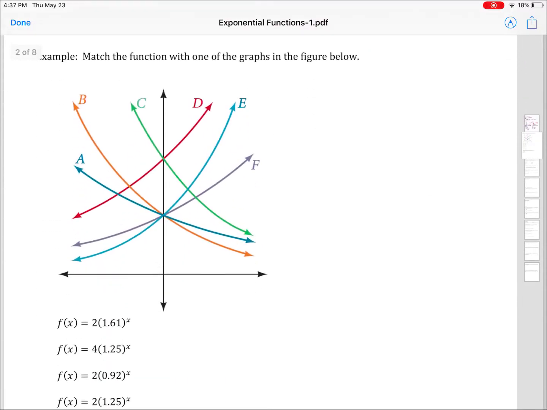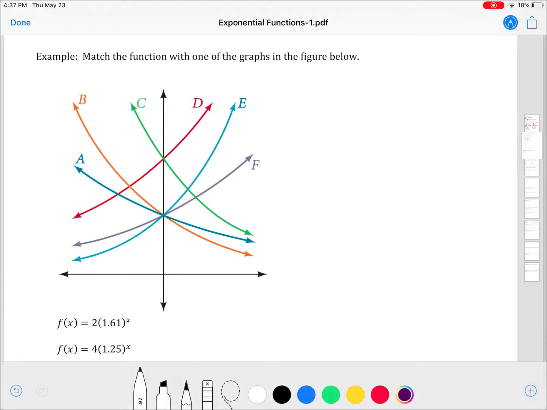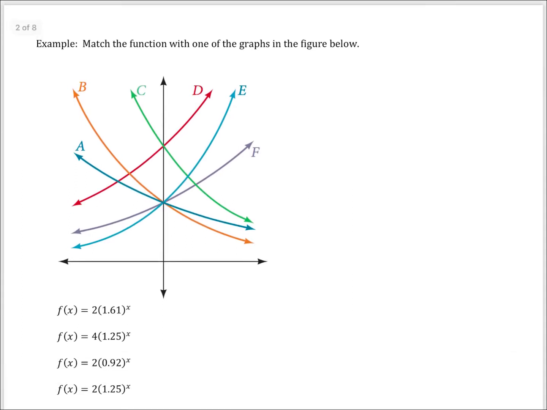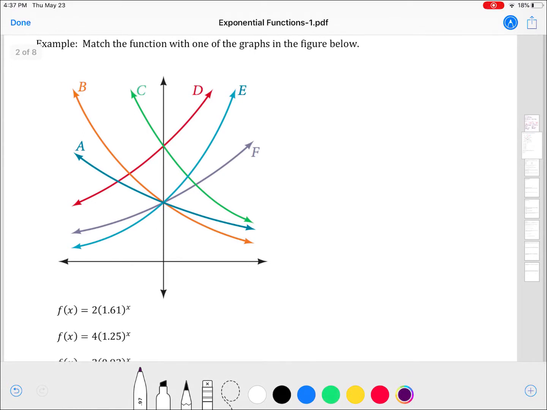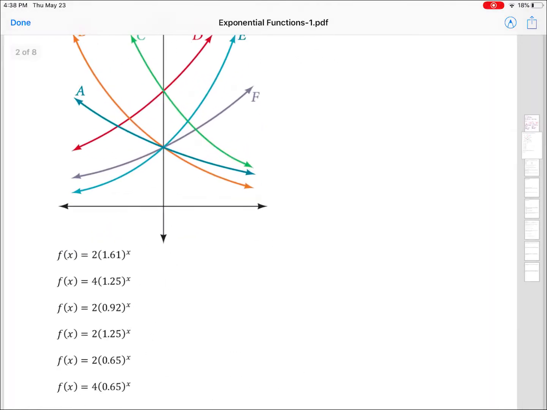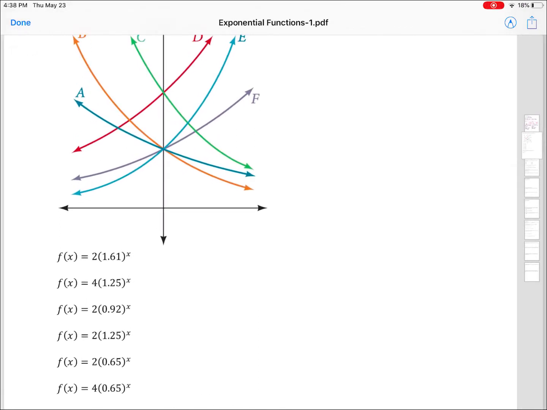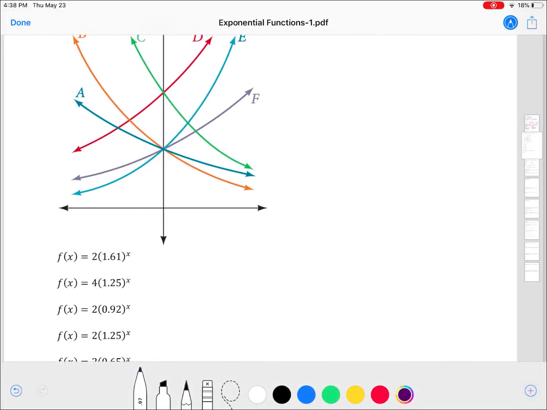Okay, so now we're going to practice matching these graphs with the correct function. So if you notice, we have two functions that cross up here at a larger value for a y-intercept versus these 4.